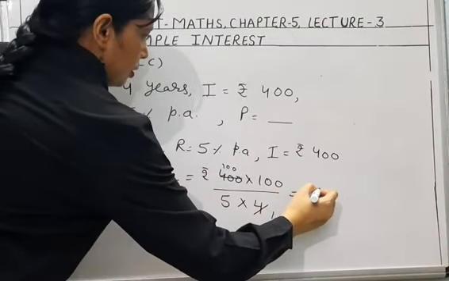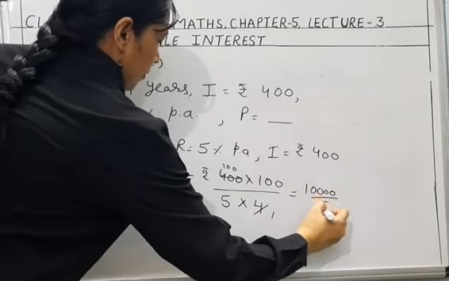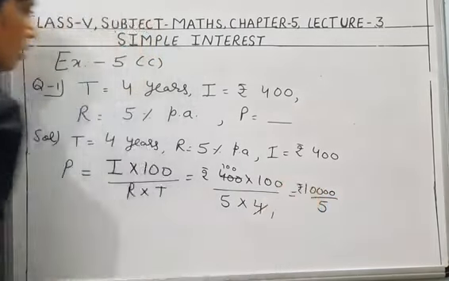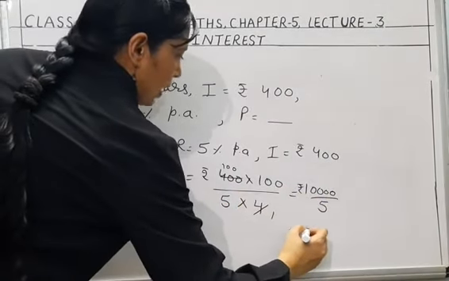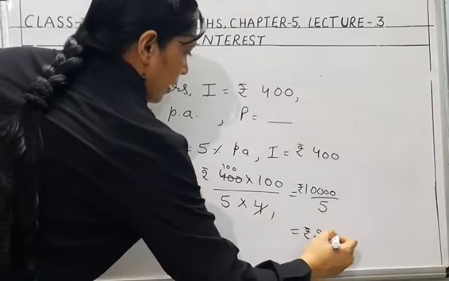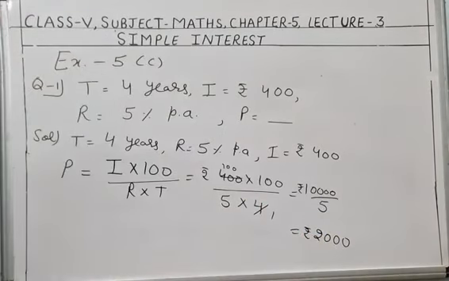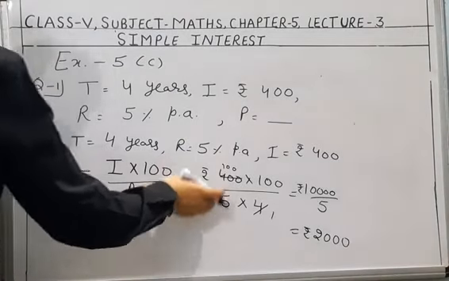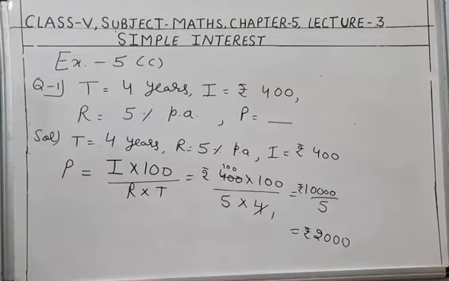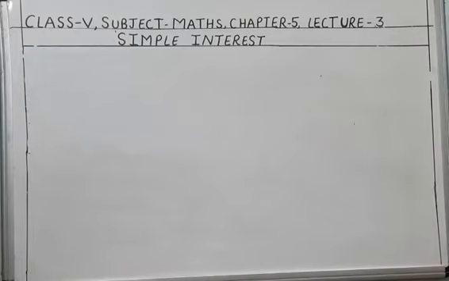It is 10,000 divided by 5 rupees. Now 10,000 divided by 5 will give you 5 twos are 10, 5 zeros are 0, 5 zeros are 0, 5 zeros are 0. So principal is rupees 2,000. Understood? You can do more cancellation here, 5 and 100. Some more questions are also there in this exercise which are based only on this simple formula. So the questions I am going to give in your assignment and in your homework.